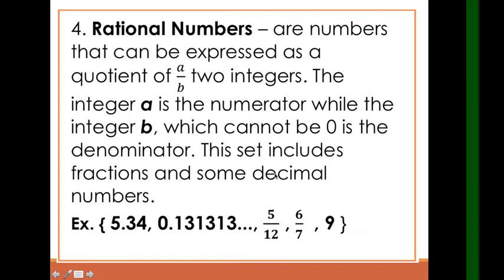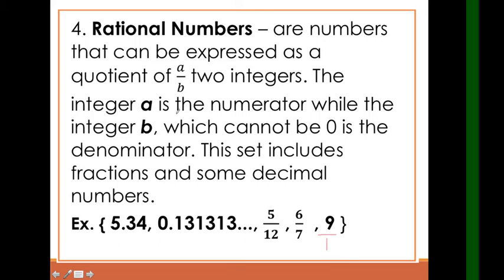Okay? Rational numbers, yung mga pinakita ko kanina are rational numbers. So, are numbers that can be expressed as a quotient of a over b, two integers. Halimbawa, yung number 9. Ang 9 ba ay rational number? Yes, of course. Kasi ang 9, meron siyang denominator na 1.